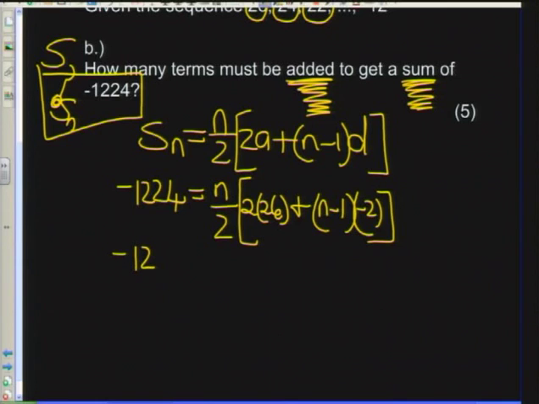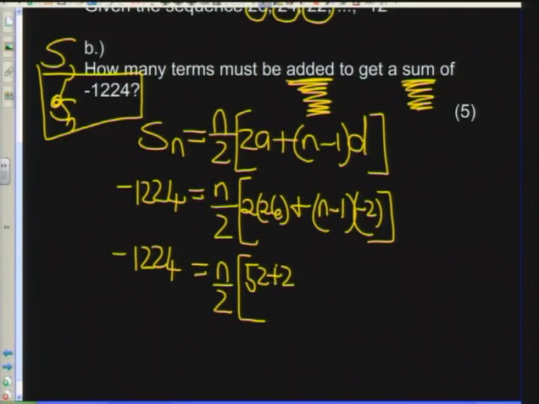It's kind of like washing the dishes after supper. What I'm going to do is work from the inside out. So I'm first just going to deal with my bracket. I'm going to say, all right, 2 times 26 is 52. Then minus 2 times minus 1 is 2.